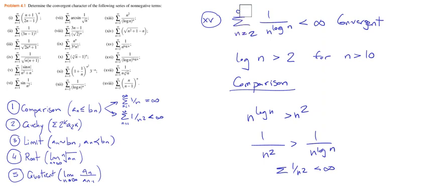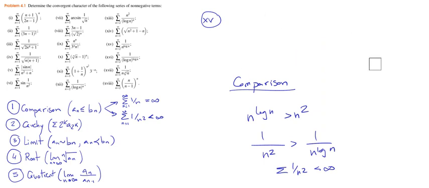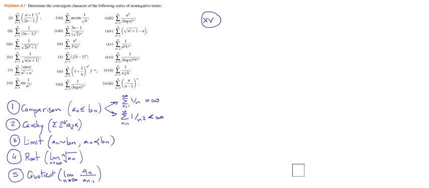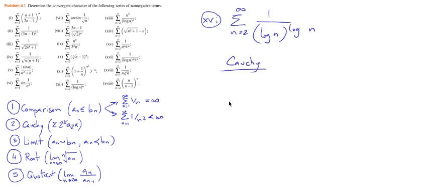Okay, let's do 16. 16 is the sum from n equals 2 to infinity of 1 over the logarithm of n to the logarithm of n. And now this is clearly one in which we need to apply Cauchy's condensation test.